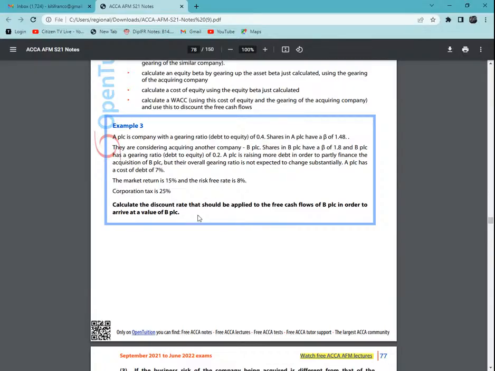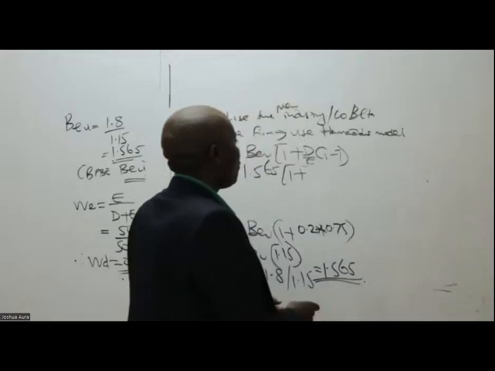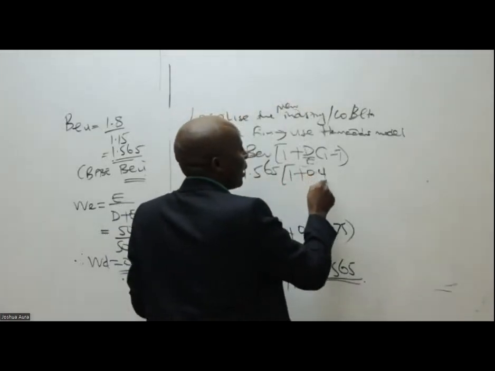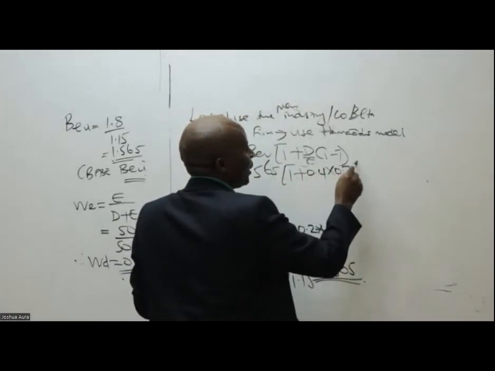Down here, what will be the WACC if the firm is entirely financed by equity? So I know debt there is 0, equity is 100%. Here they never gave us any more information, so we go back to company A, whose debt to equity is 0.4. So we put 0.4 here, and then we have 1 minus tax of 0.75.